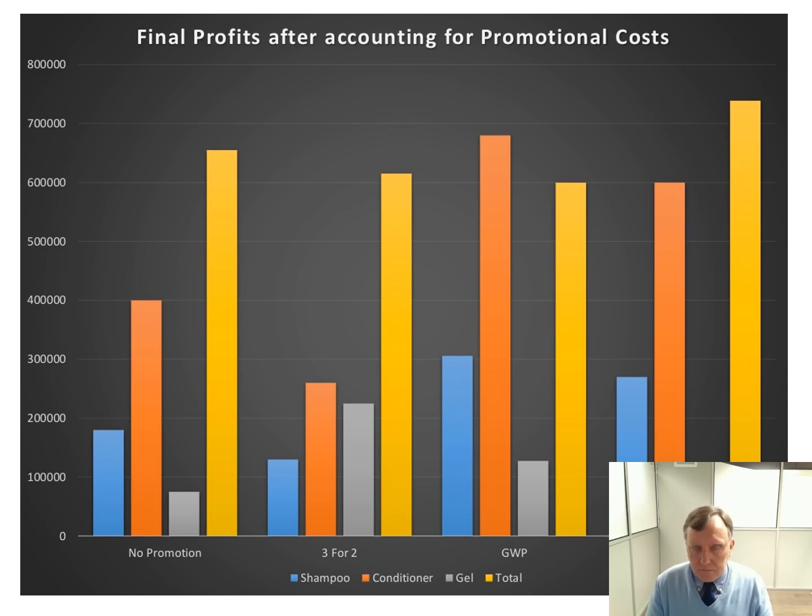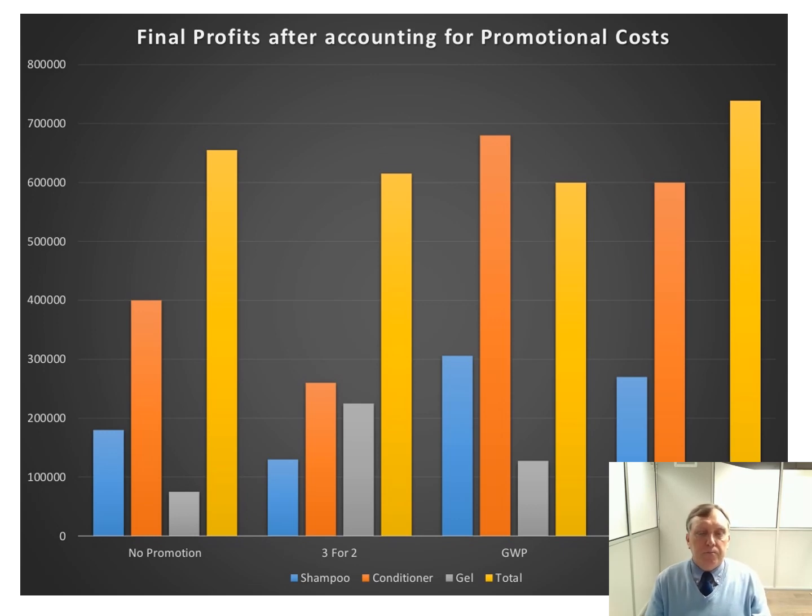Arguably, the best thing there would have been not to have done that promotion at all. It's made us less money. If we go to giving a gift, same thing. We can see that obviously the conditioner has made far more money. Giving a gift with that seems to have done the trick. It's gone from 400,000 to 650,000.